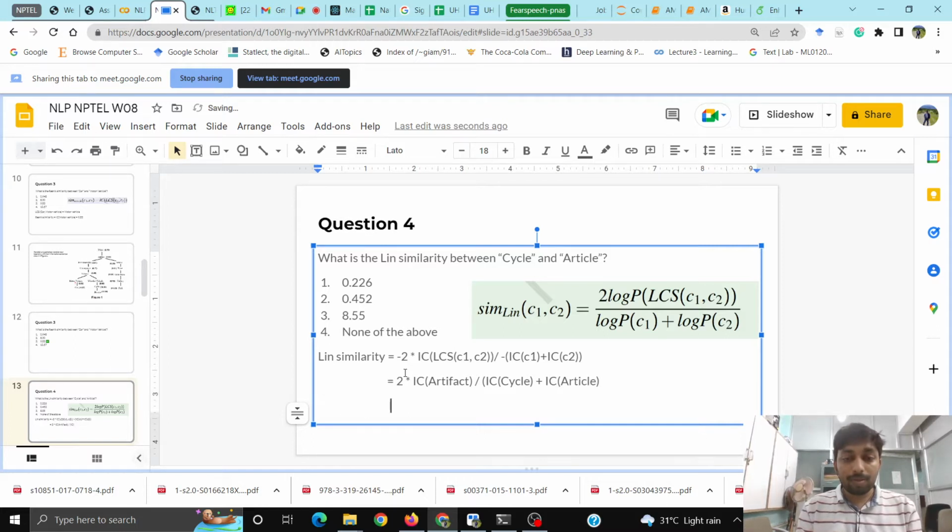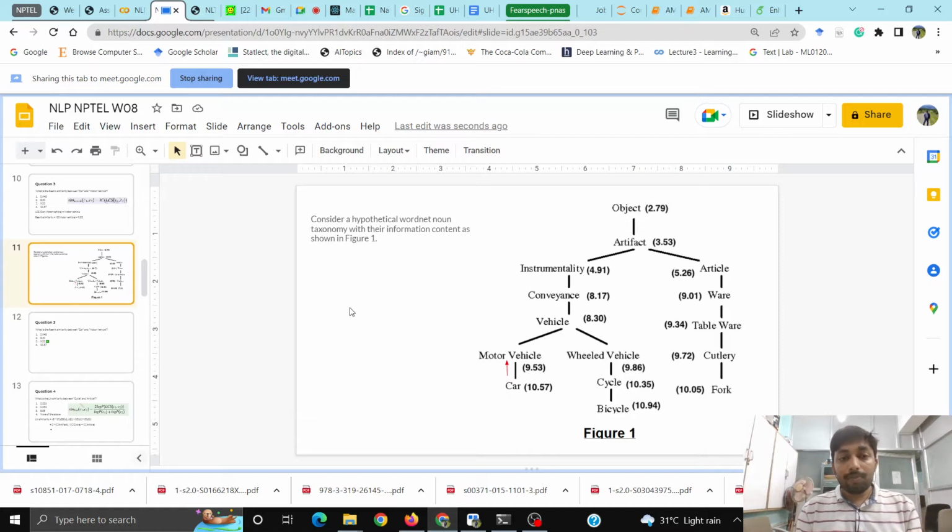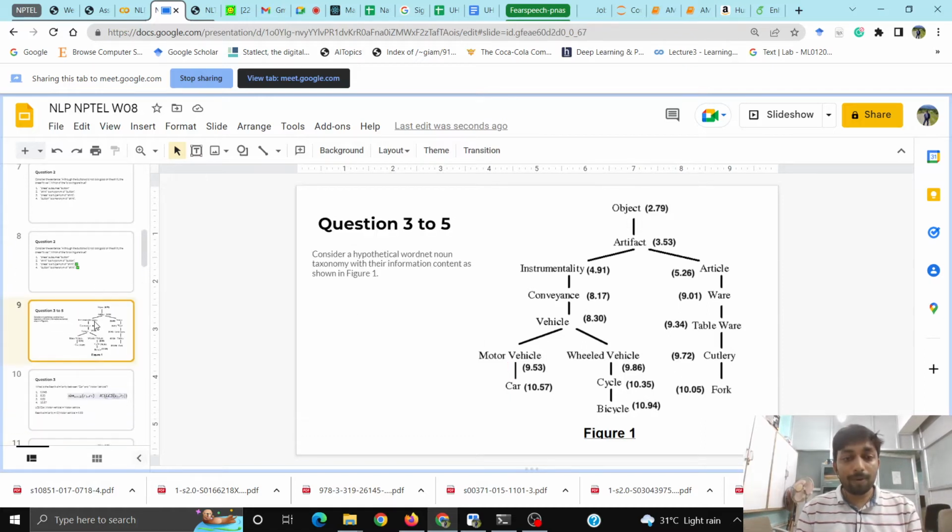So that is the formula. Now calculate and tell me what will be the final value of this. 2 multiplied by IC of artifact, divided by IC of cycle plus IC of article.